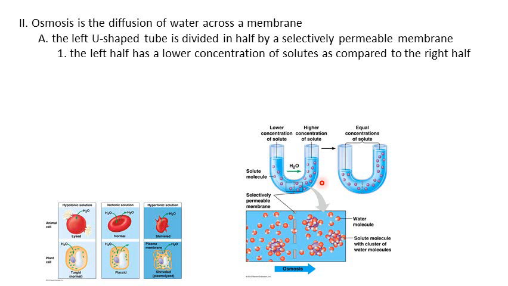Well, since the left half has a lower concentration of solutes as compared to the right half, then what we're going to say is that the left half of this U-shaped tube is hypotonic relative to the right half. Whenever there's a lower concentration of solute, the term for that is hypotonic. Now, this right half has a higher concentration of solute, so we're going to use the term hypertonic.